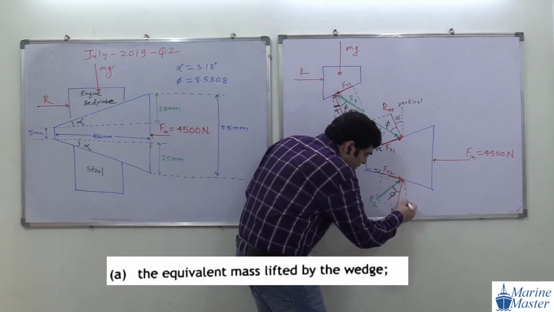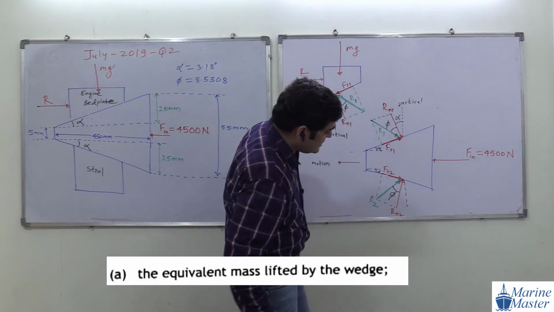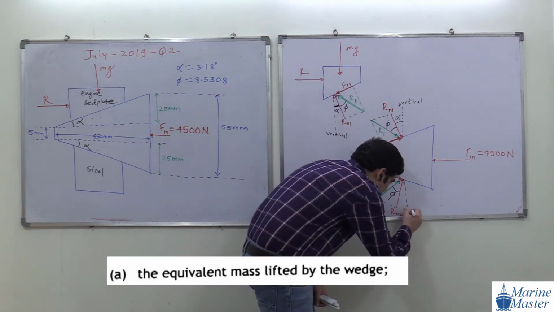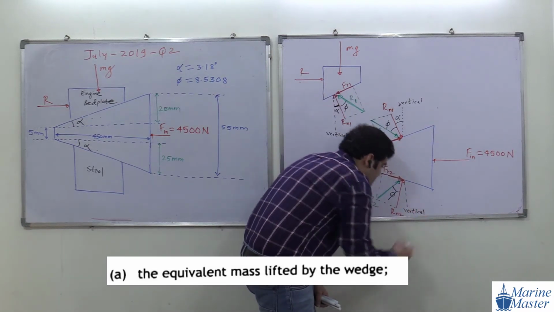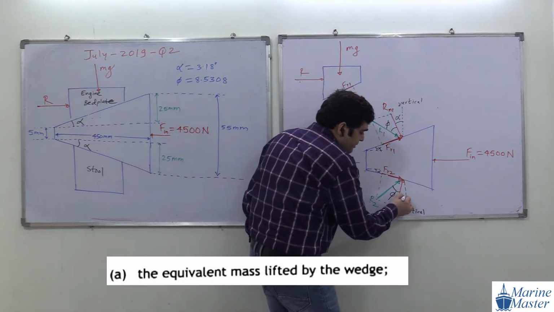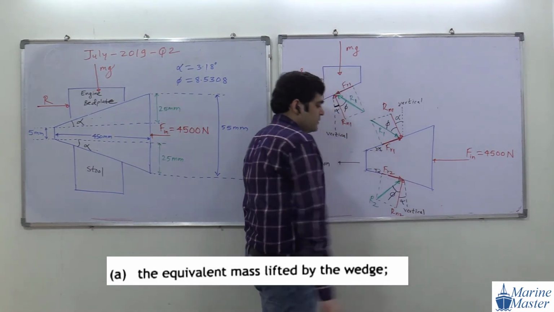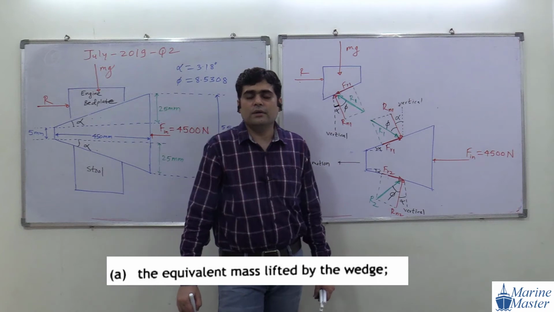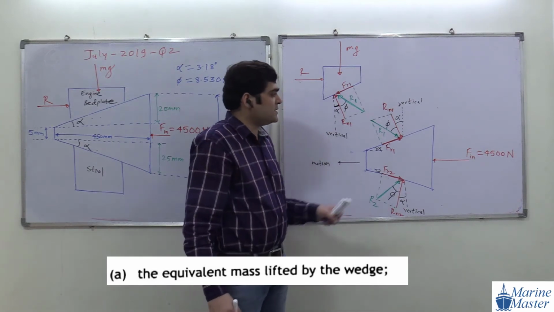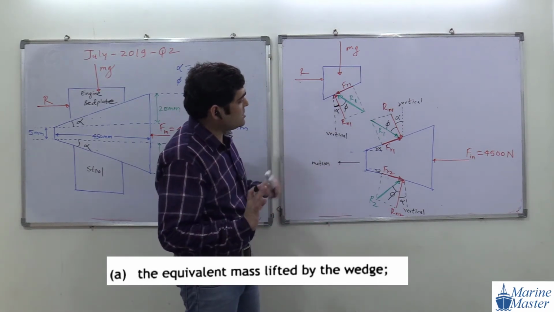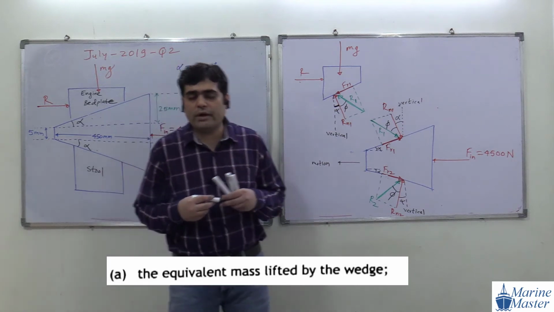Now the next point: this is a vertical line. Everyone, try to observe the things carefully. So this angle will be alpha, and this angle will also be alpha. Any doubt in this discussion? Is the drawing okay for everyone?